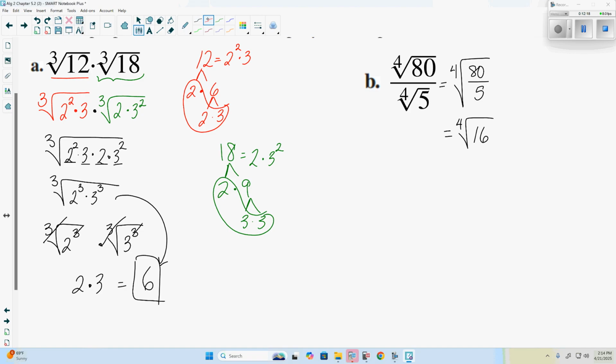If it simplifies nicely, the calculator would do it. The other way is just looking at the factor tree for 16. Well, that's 2 times 8. 8's 2 times 4, and 4 is 2 times 2. So 16 is indeed 2 to the 4th power. So what would the 4th root of 16 be?